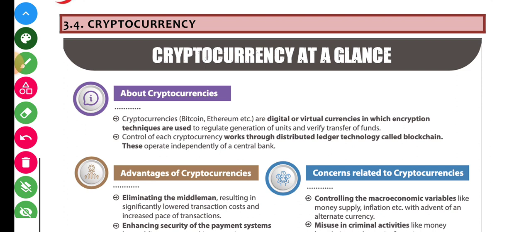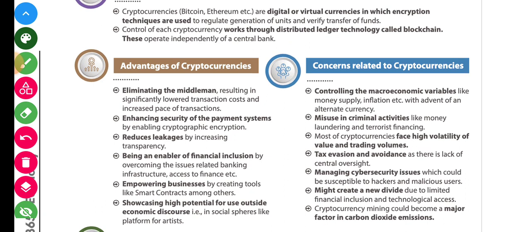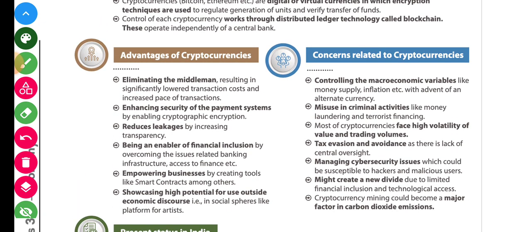The present scenario of the cryptocurrency is Bitcoin or Ethereum or digital or virtual currencies in which encryption is used. Why in the news? Because RBI issued its own cryptocurrency.